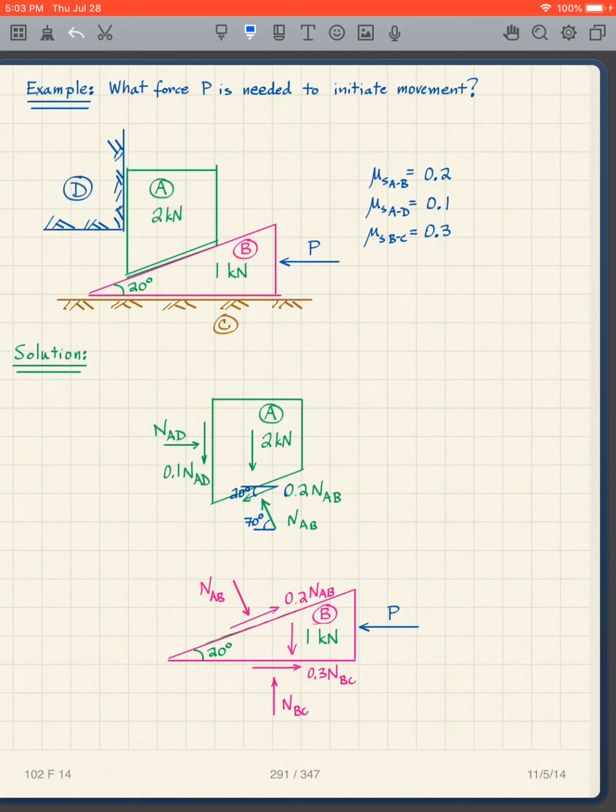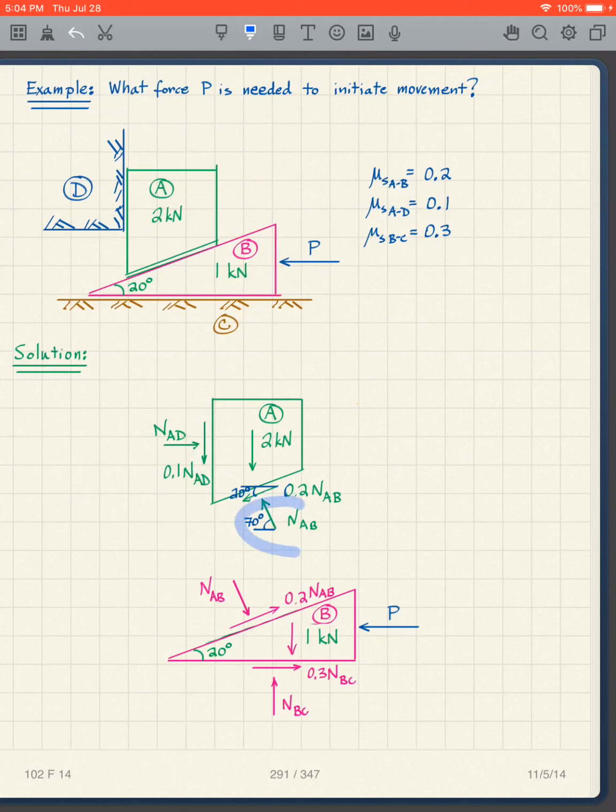So I have my F max, so AD has the 0.1, that means I have 0.1 N_AD for that one. And since I can see what has to happen, this is moving in this direction, which means this is moving up, which means what? That means this friction is resisting that upward motion. So this is pushing downward.